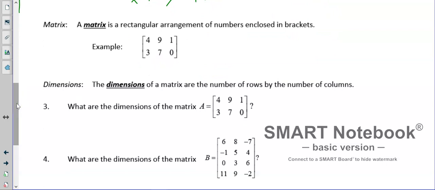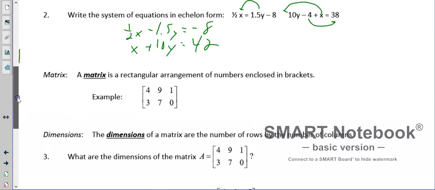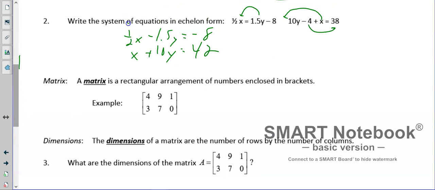Now, what's a matrix? A matrix is a rectangular arrangement of numbers enclosed in brackets. We did do a little bit of this in Algebra 2. So all it is taking those numbers from the coefficients and the constants.